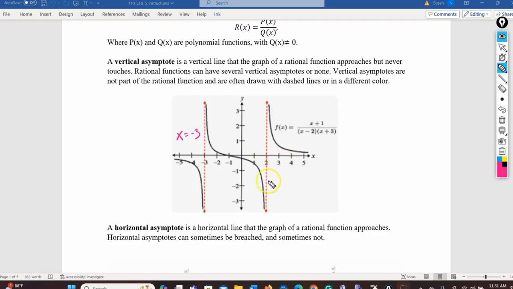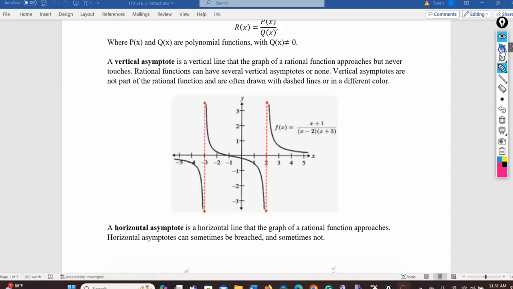And this vertical line, well, it goes through 2 on the x-axis, and it has the equation x equals 2. So it's wrong to say that the vertical asymptotes are -3 and 2. That's wrong. They're lines, and as such, lines have equations. Those are just numbers, not equations.